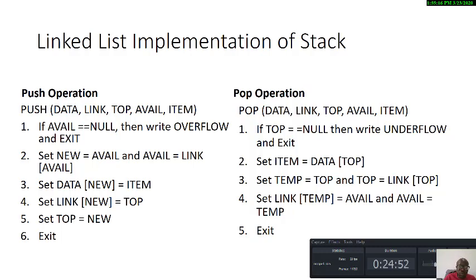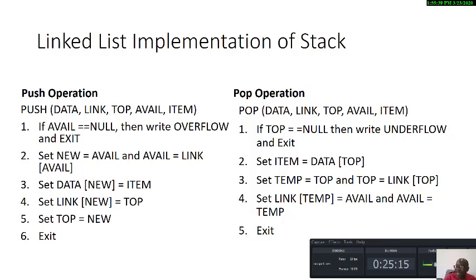Then in step 4, you assign the top variable to the link of new. So where the top was pointing to, you allow the new node to point to where the top was pointing. The fifth point is that you assign the location of the new node to top.